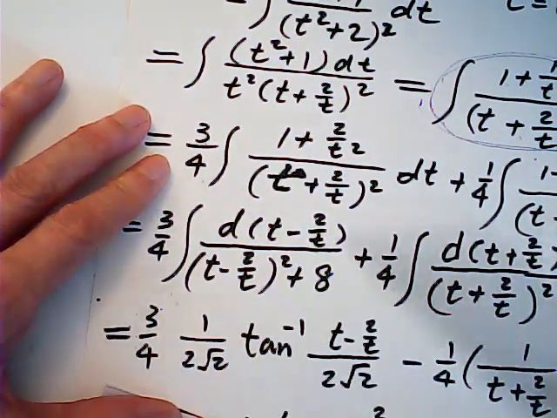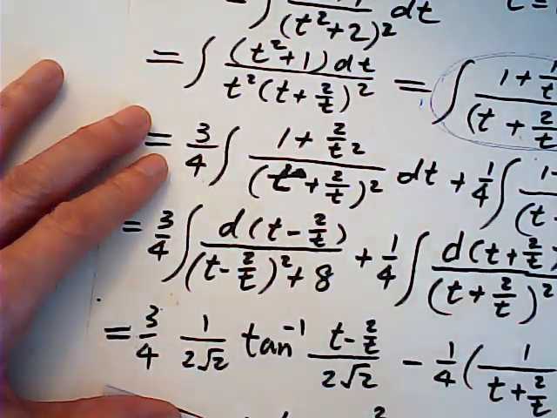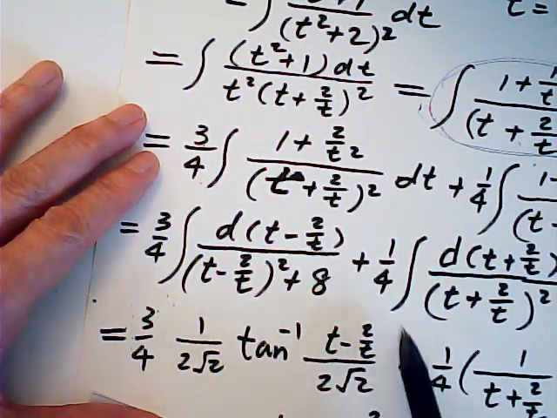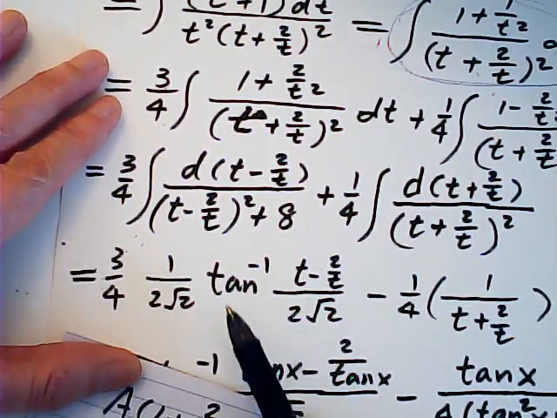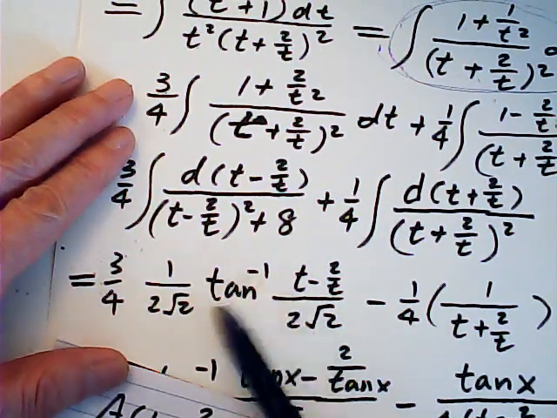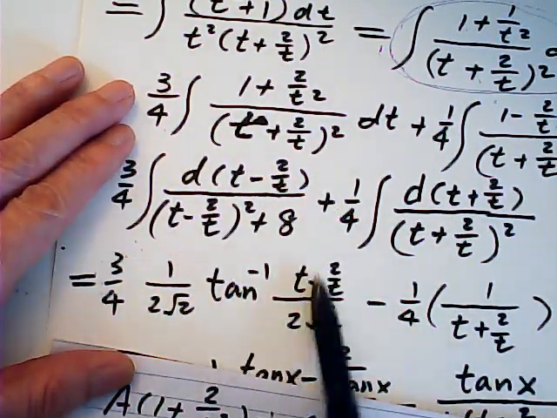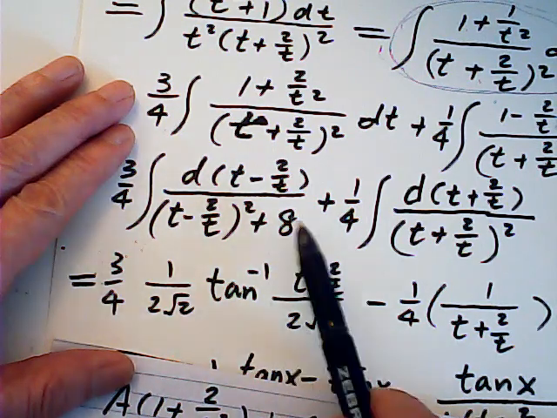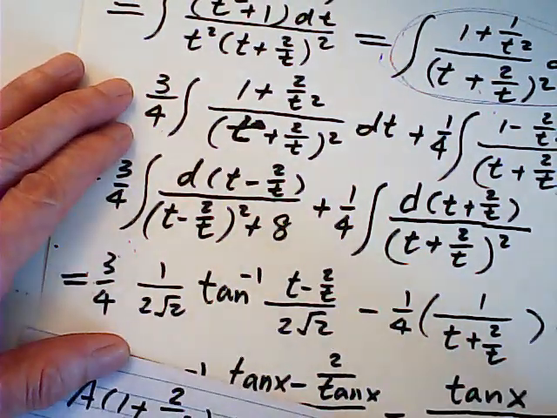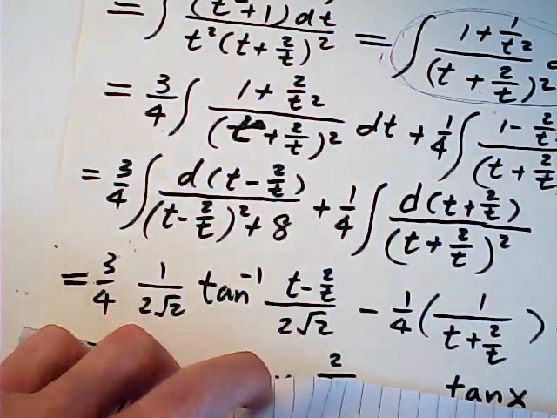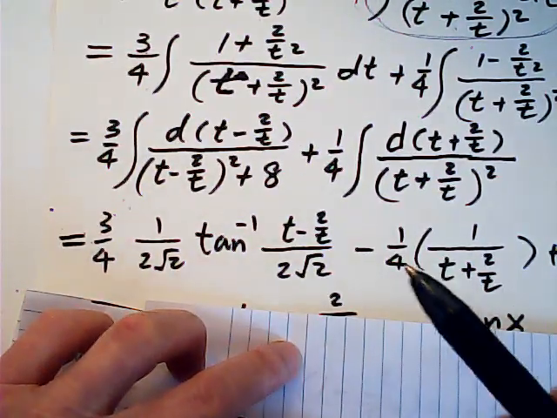So therefore, this integral is this. See, I just omitted the detail. You can fill up the details yourself. This integral is arctangent, this over this, squared. And this integral is like this.